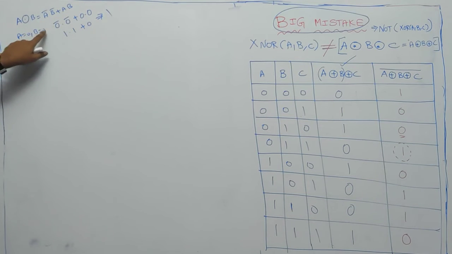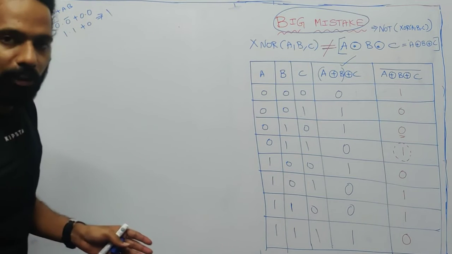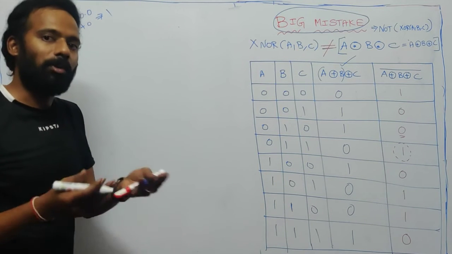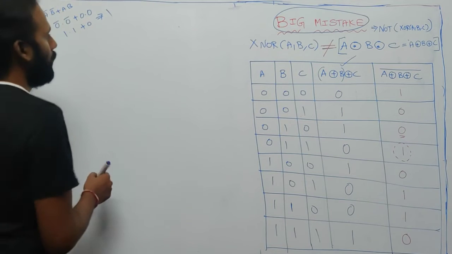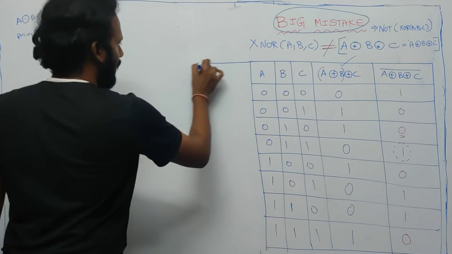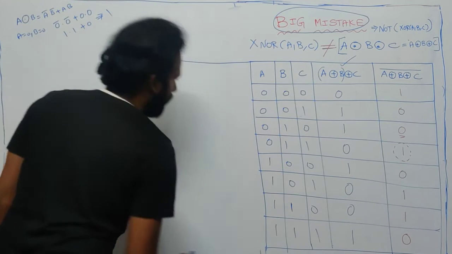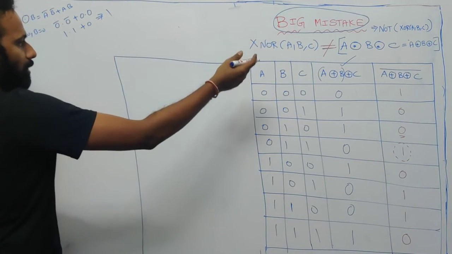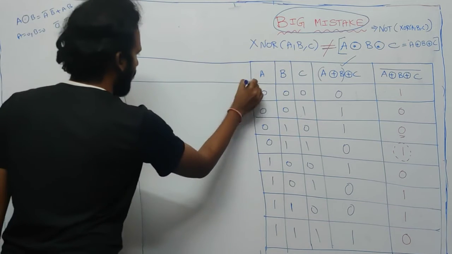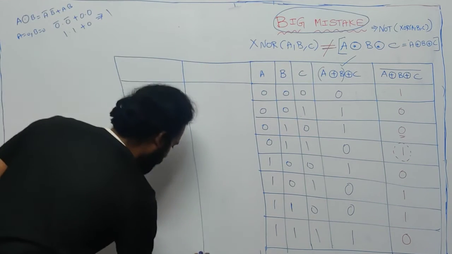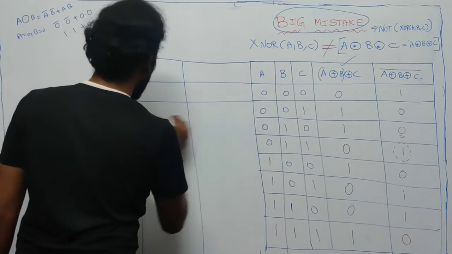If you take A equal to 1, B equal to 1, the output is also 1. Correct? If the inputs are the same for XNOR, the output will be 1. That is the basic, right? Since XNOR is also associative, you can calculate A XNOR B first, then do the other.